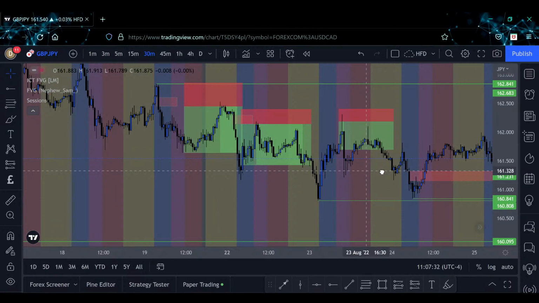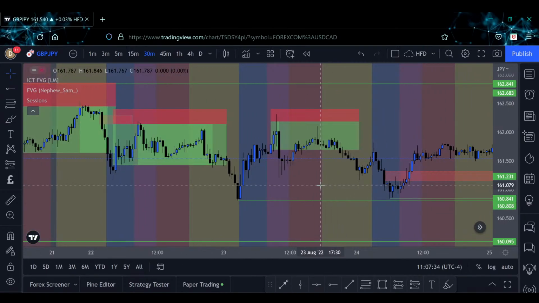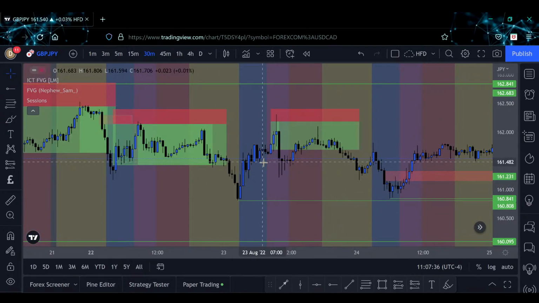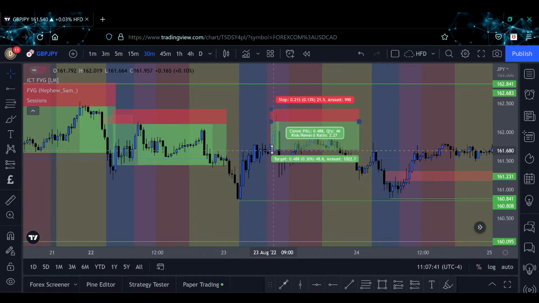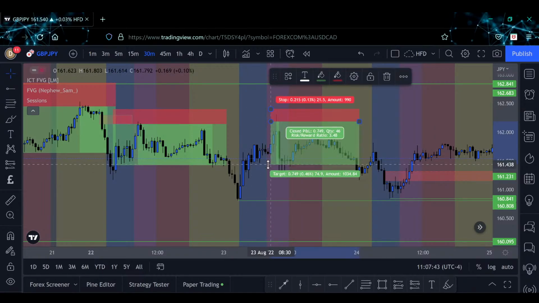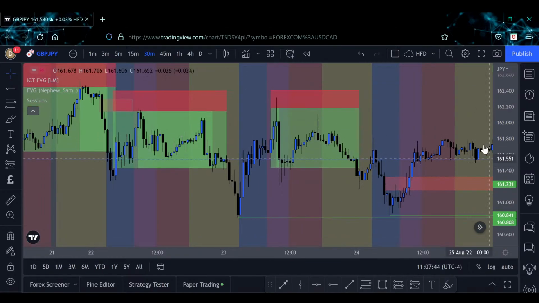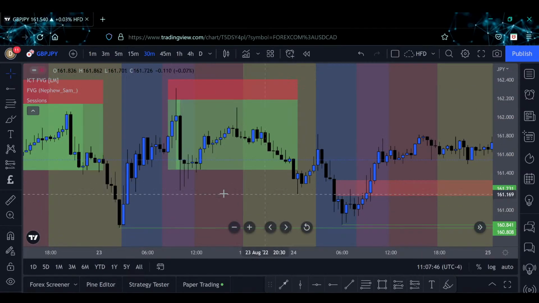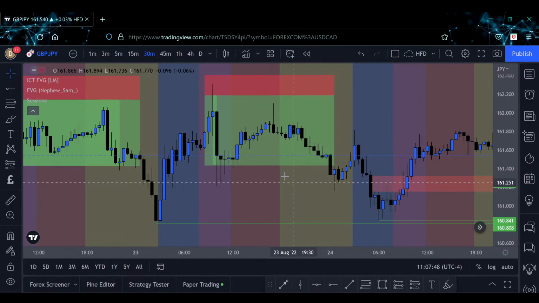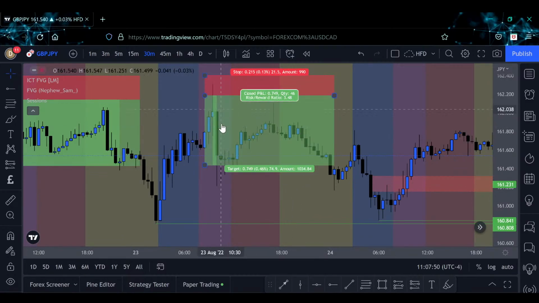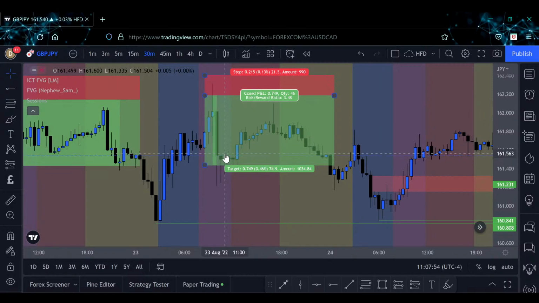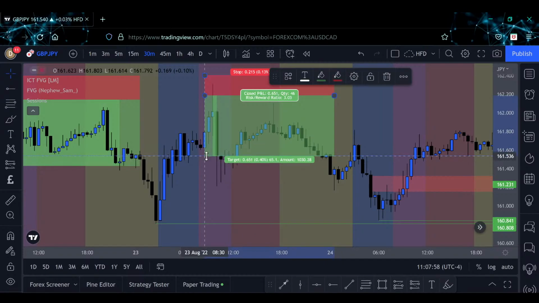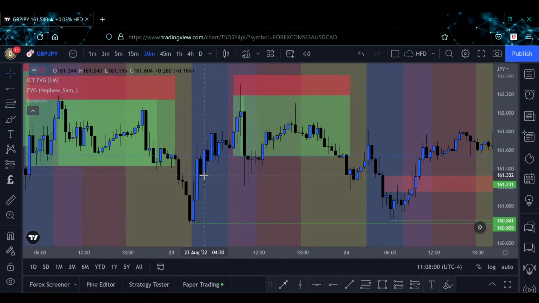So you had to target possibly these lows here, sorry, equal. Obviously, if you had trailed your stop loss, you'd probably get poked out here. So probably about a 3. No.